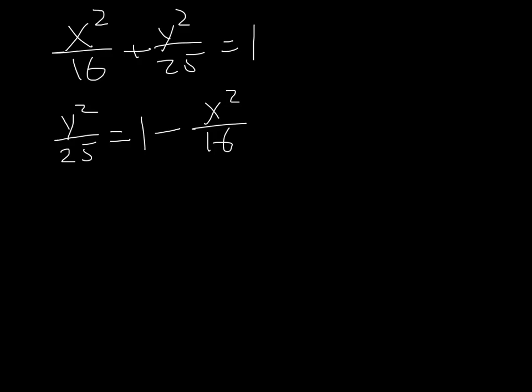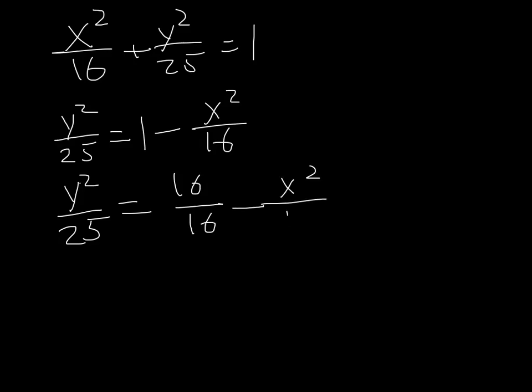We make a common denominator for the right side, so that y squared over 25 equals 16 over 16 minus x squared over 16.